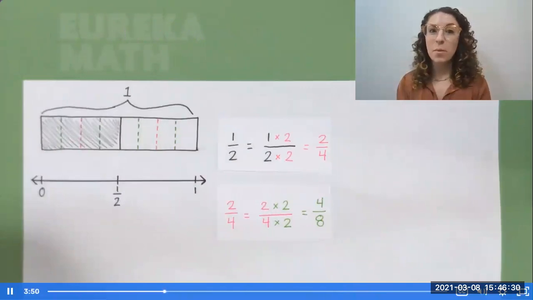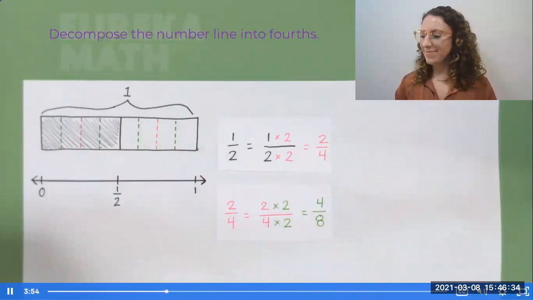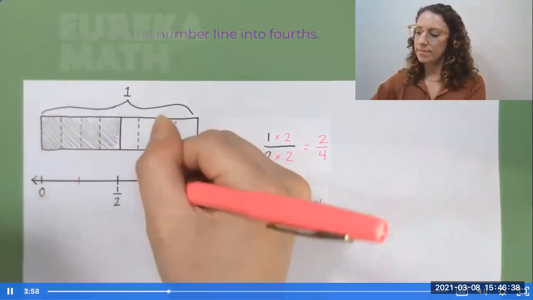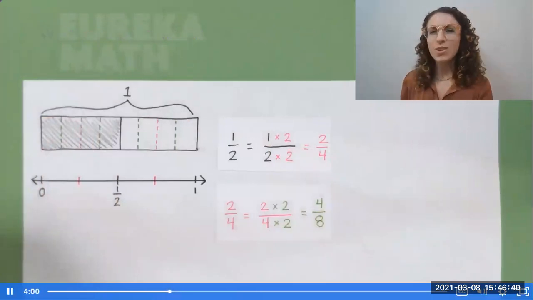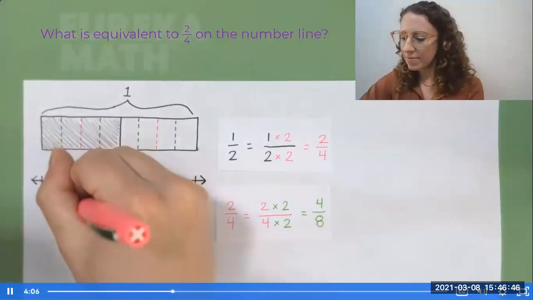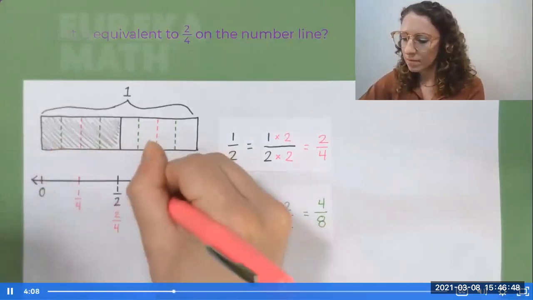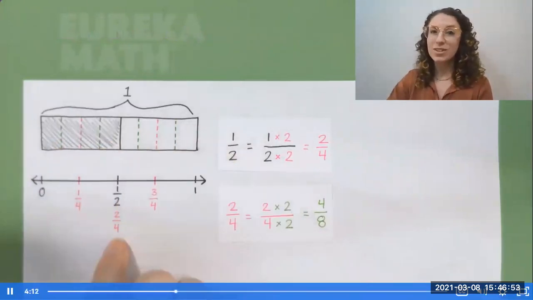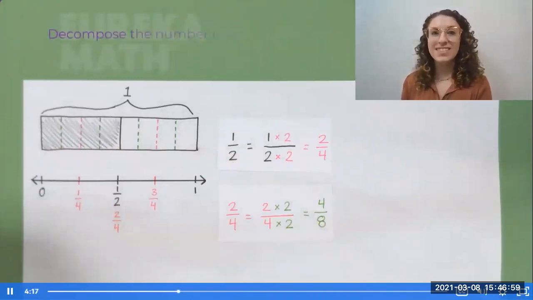Now, decompose the number line into fourths. What is equivalent to 2 fourths on the number line? One-half, just like we showed on the tape diagram. Finally, decompose the number line into eighths.